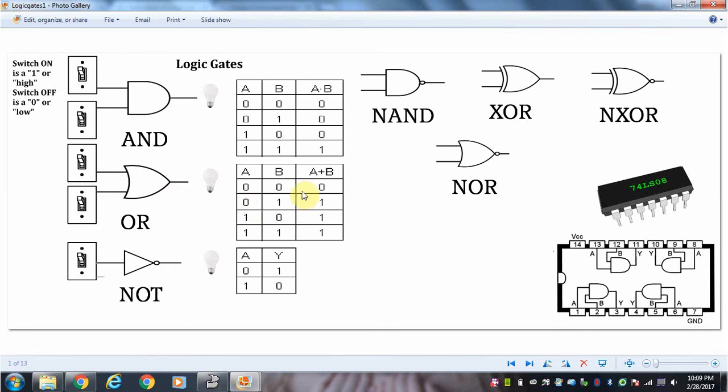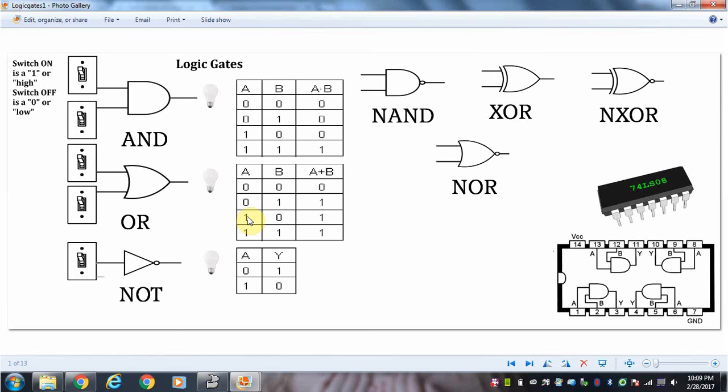We can represent this by what we call a truth table. A and B are the inputs, and if both inputs are off or low, in other words, the doors are closed, then the interior light will not turn on. If the door on side B is open, then that is going to turn on the light, represented by a 1.